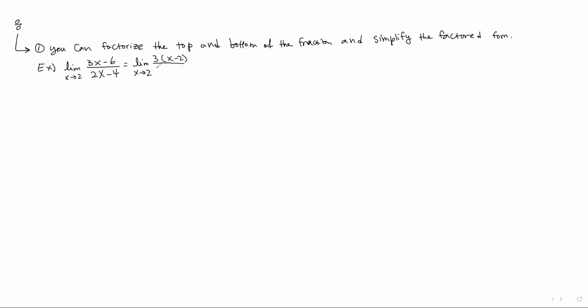Same for the bottom, I can factorize the 2 times x minus 2. So you see what happens is the x minus 2 and the x minus 2 cancel out. And I can do that because I'm not really canceling out a 0. I'm approaching 2, but I'm not exactly at 2. I'm slightly before or after 2, right? So these x minus 2 and x minus 2 are really, really tiny numbers, but they're not exactly 0. So you just get 3 over 2.